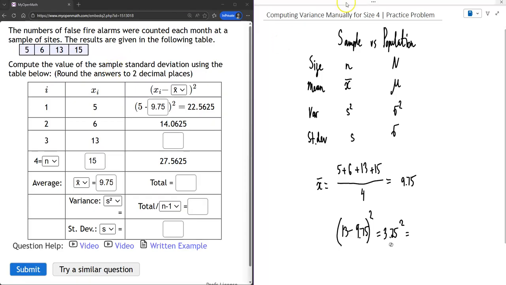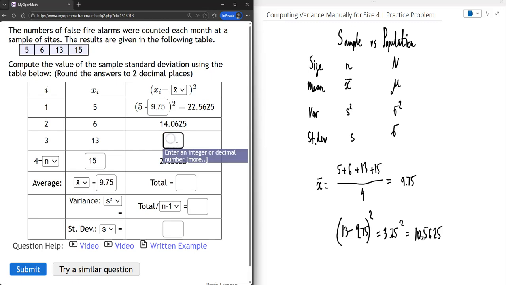I'm going to grab a calculator here on the side. Feel free to grab one too and check my work. But 3.25 squared is 10.5625. And that's the number that goes here. Total is literally total.